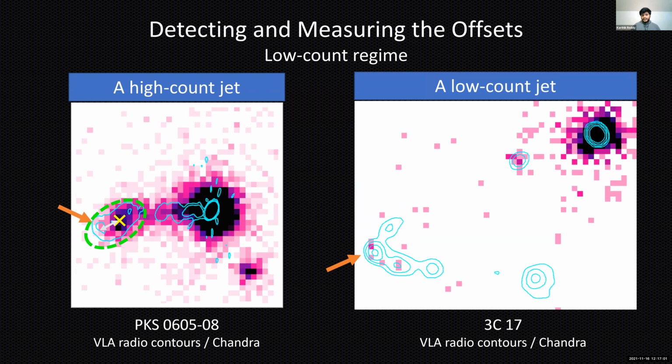Ideally, what we would require is to extract the underlying brightness distribution of this observation. And before we attempt to compute an offset, we would also need to estimate the statistical significance of any emission that we find in this region after accounting for the effects of background and the bright core.